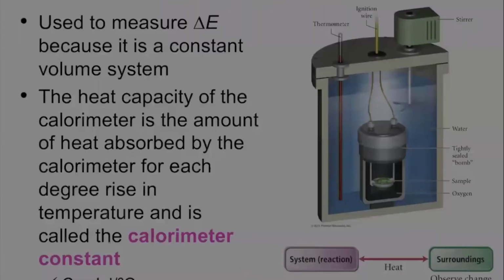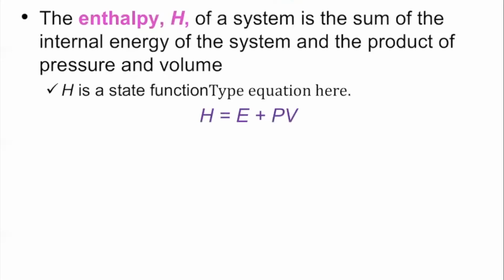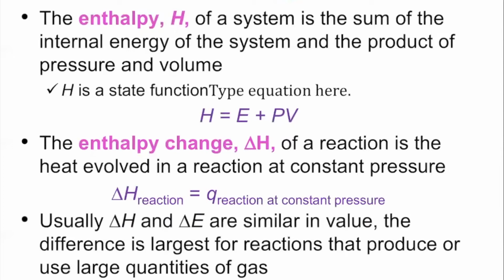So most reactions are going to be performed in an open system, like when you have a beaker on your bench. In this case, work and heat are being exchanged between the system and the surroundings.